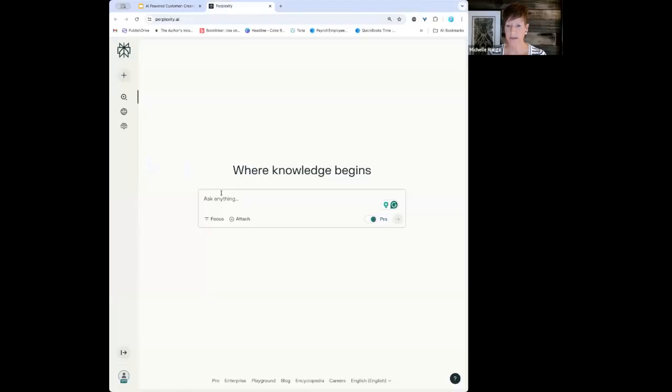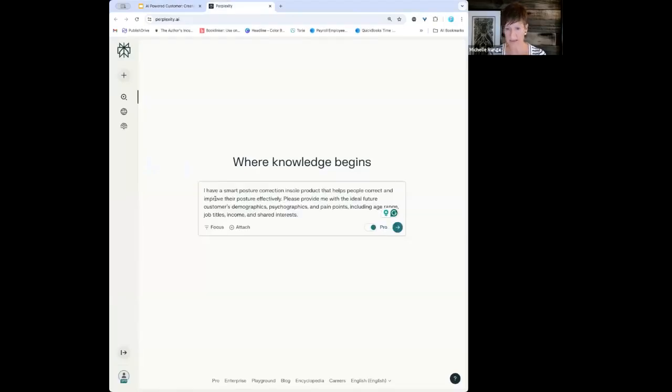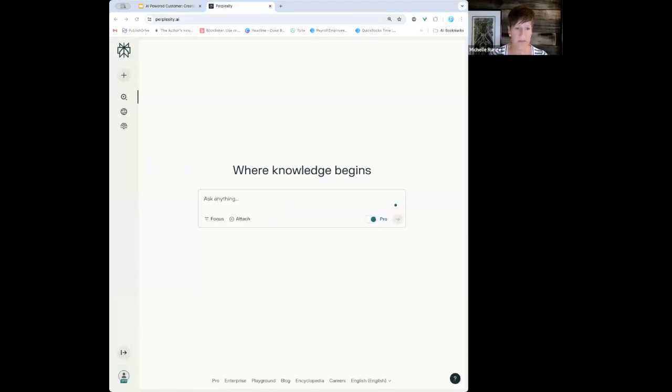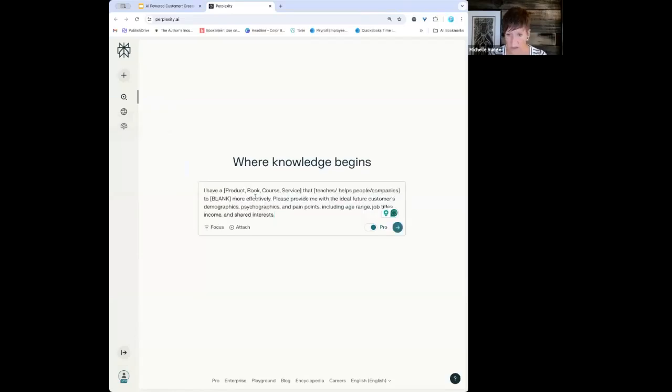Okay, so here's Perplexity. I'm going to type in this. Oops, I typed in the wrong. I'm going to type in this templated prompt. Okay, so you have a, and what types of journals?